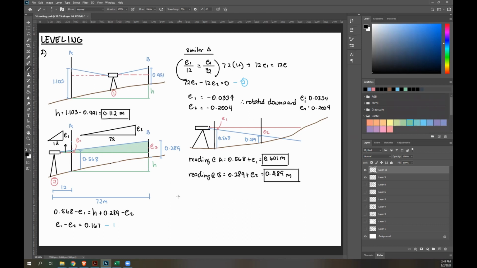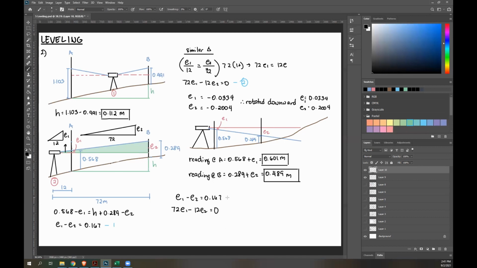Next, paano po nakuha yung E1, E2? Simultaneous equations. You can use your calculator, or you can do it manually. So I have this equation 1, E1 minus E2 equals 0.167. Equation 2, 72E1 minus 12E2 equals 0.